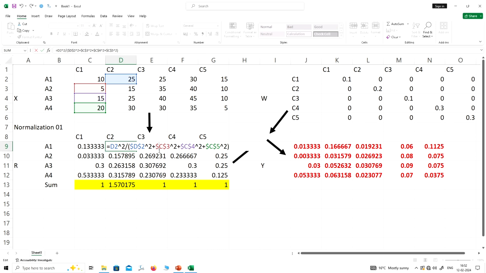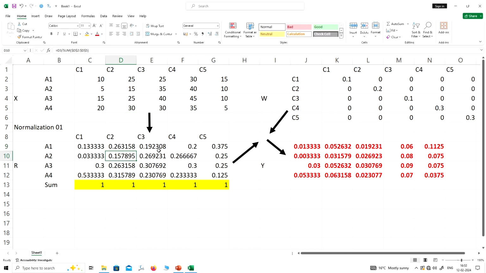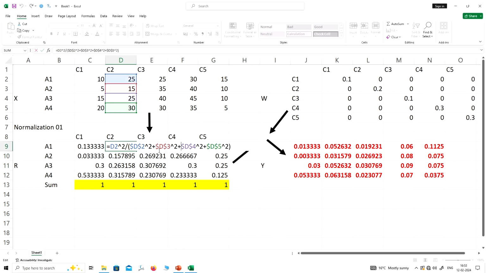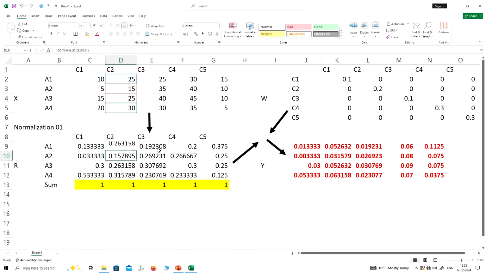Again I am repeating, A1 to A4 alternatives, C1 to C5 criteria. So, again copy it, D2, D3, D4, D5. The value again comes out to be 1, in cell D13, where the cursor is.